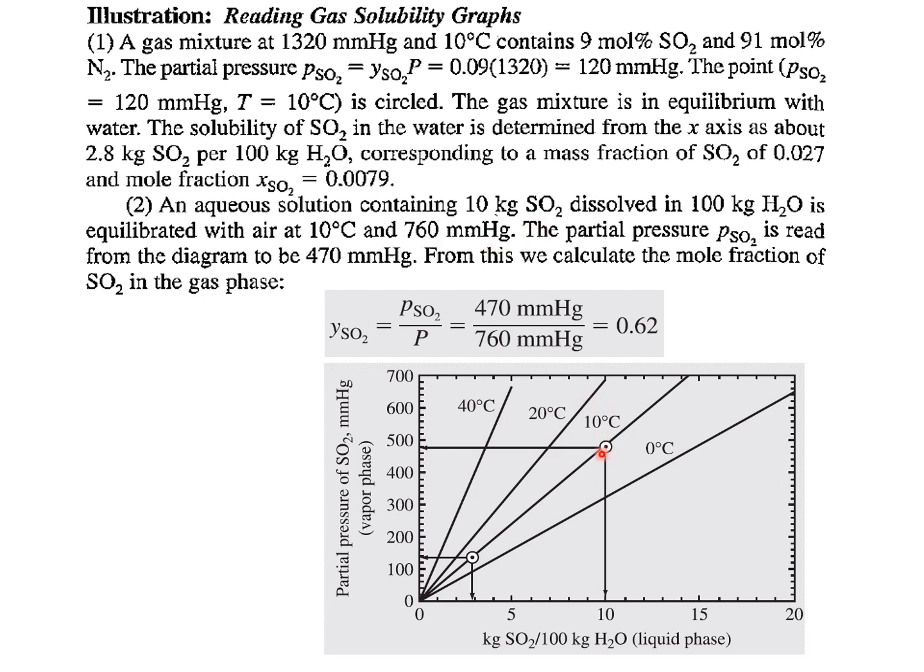From this point, we can obtain the value of the partial pressure of SO2 in the vapor phase. The value is about 470 mmHg, which is divided by 760 mmHg as the total pressure. Then you can calculate the mole fraction of SO2 in the vapor phase. That is 0.62 or 62 mole percent.